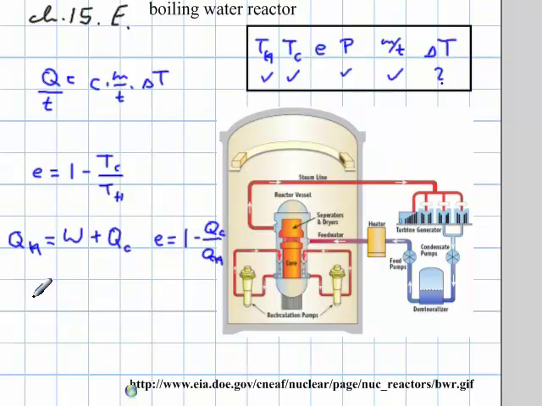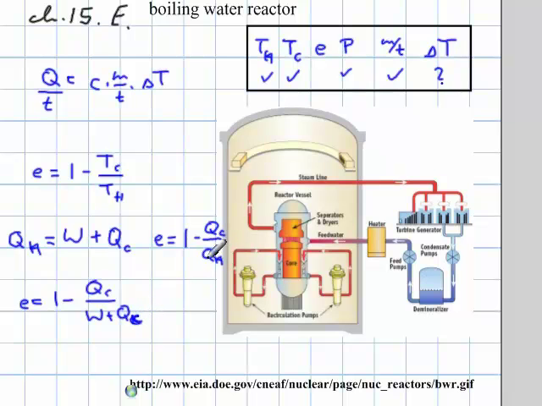And when I plug one of these equations into the other, for example, I can write E equals 1 minus QC over work plus QC, that's what I meant to say.